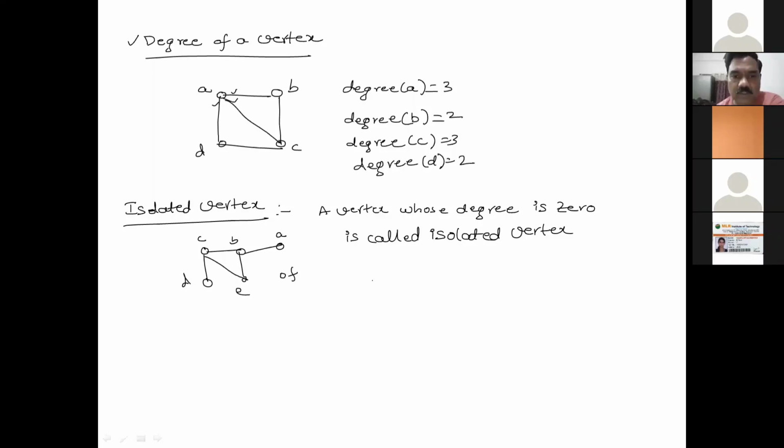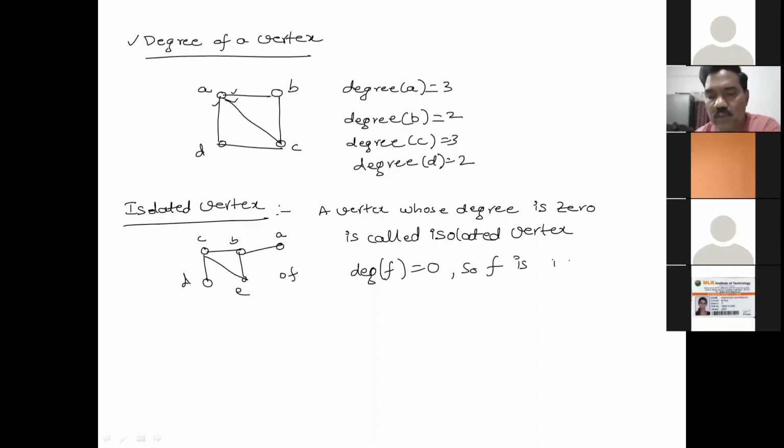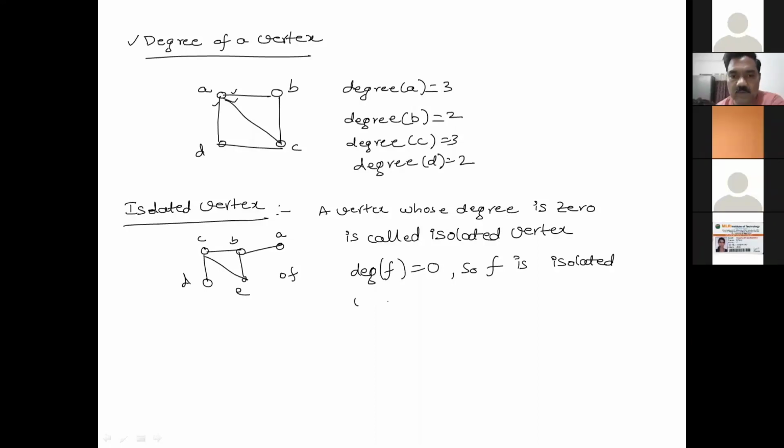In this case, the degree of F is 0, so F is an isolated vertex. So this is all about isolated vertices.